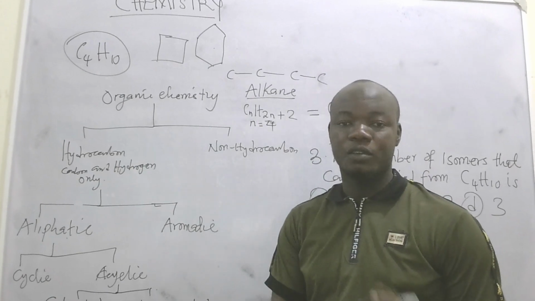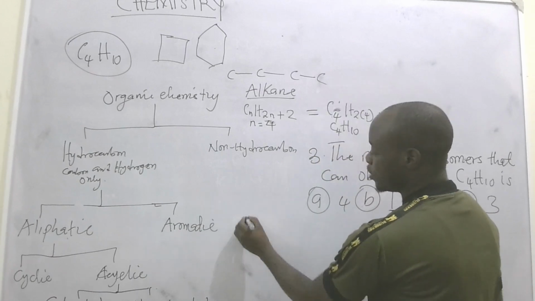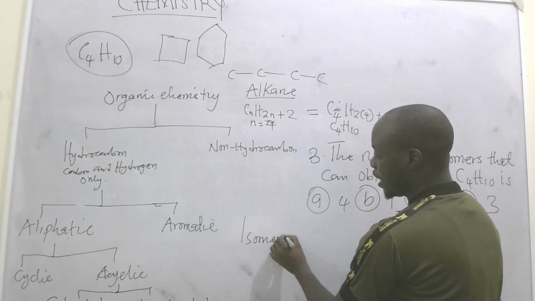Therefore, how do you calculate the possible number of isomers in alkane? But before now, we need to understand what is the meaning of isomers.